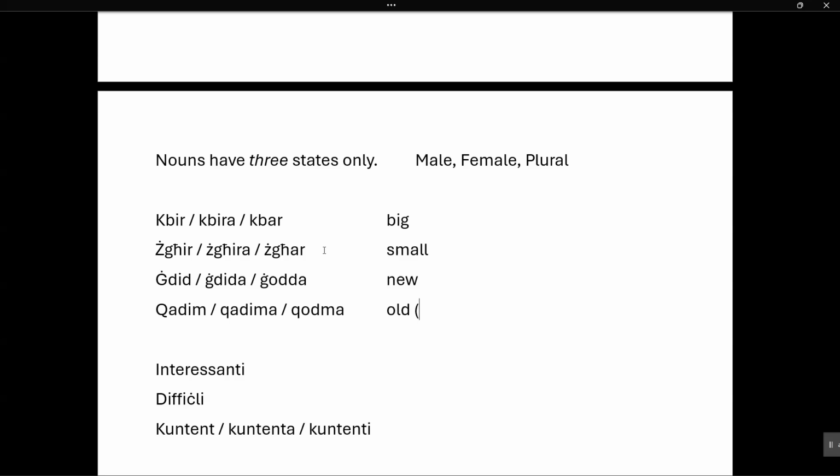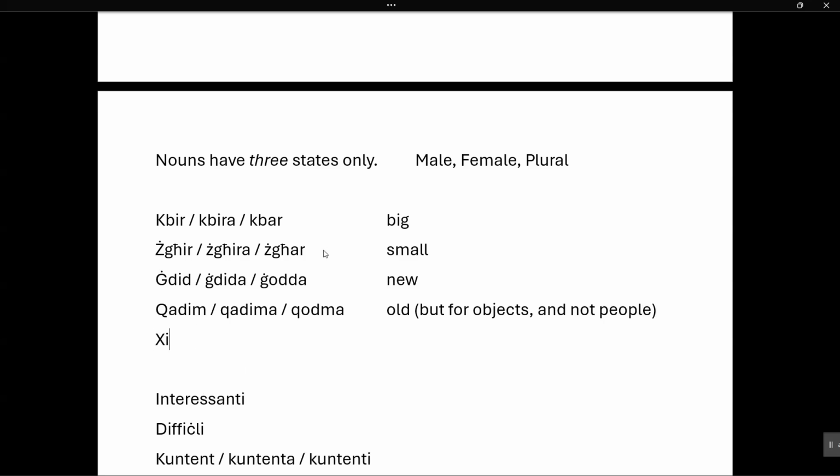Old. But for objects and not people. For people, we have another word. I can write it down over here. Xiħ, xiħa, and xjuħ. This means old, but for people.